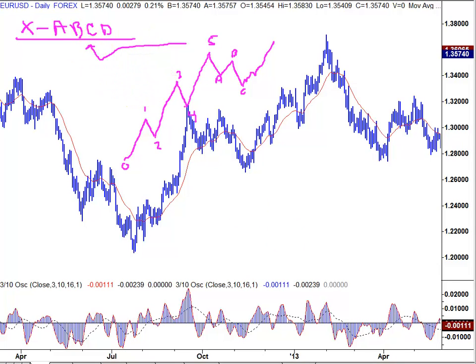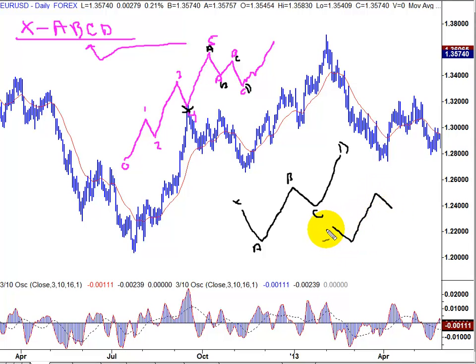But you also have this XABCD. Now, within this Elliott wave structure, we could just look at here and draw in an X, an A, a B, a C, and a D. So we're always looking for A, B, C, D. We're either looking for it like this, A, B, C, D, and this could have been your X, or we're looking for it A, B, C, D. So there are different forms of looking at it.